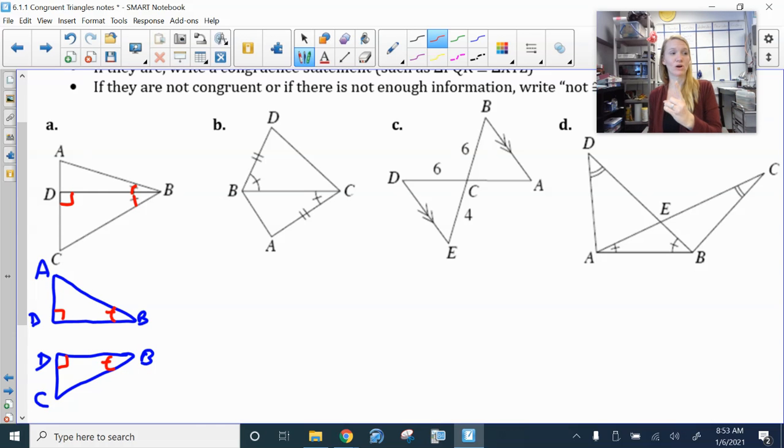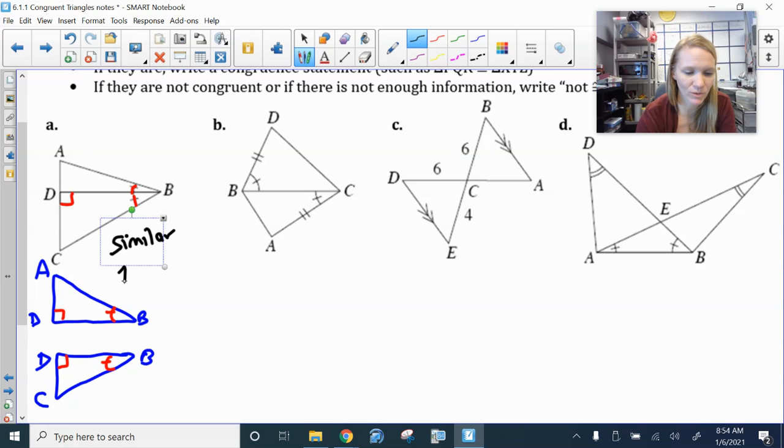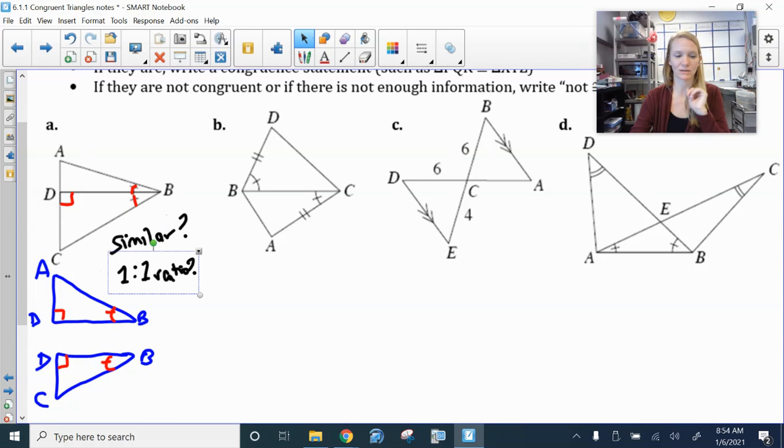So the first thing we have to know, are they similar? Do we have enough information to say these are similar? It's kind of like a check mark that we're doing. So we want to know, are they similar? And then do they have a 1-to-1 ratio? Those are our two questions that we've got to keep asking ourselves.